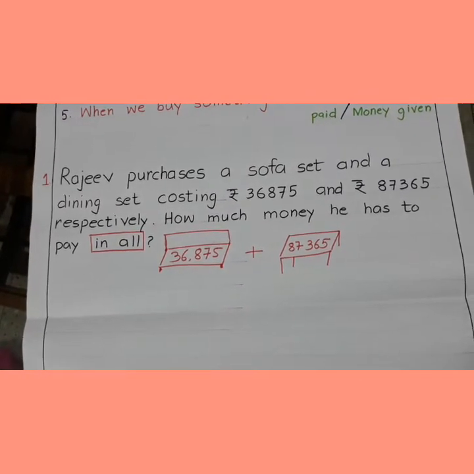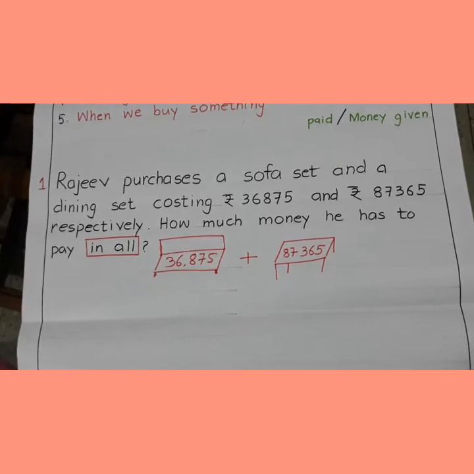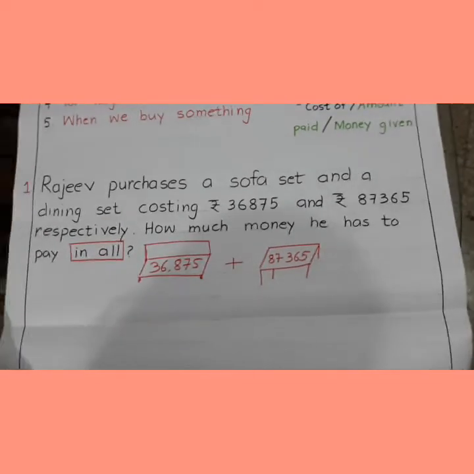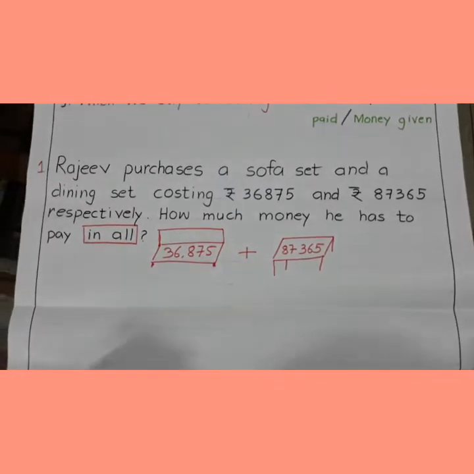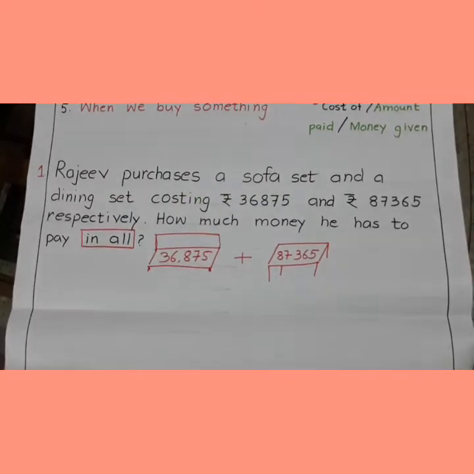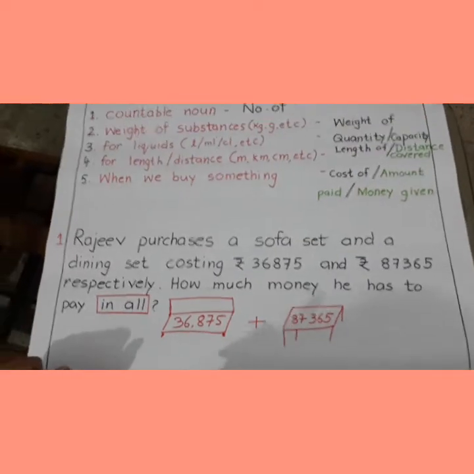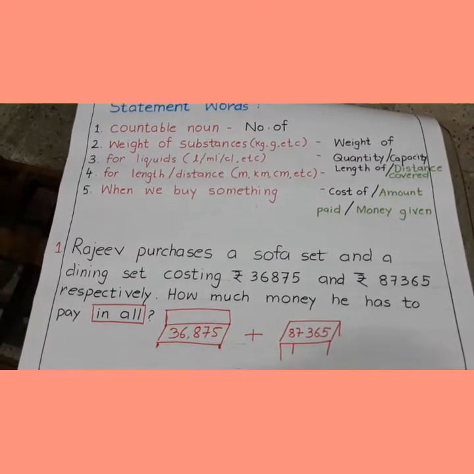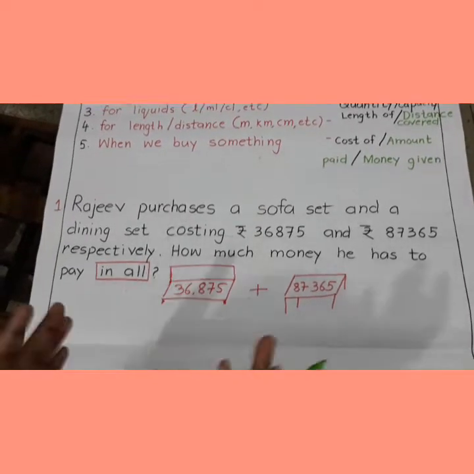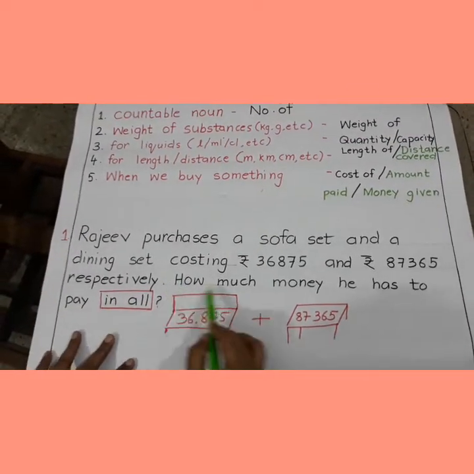Now next, what to do? Now go ahead with, try to find the clue statement word. He is buying something. So what is the statement word that you're supposed to start with if you remember? I had said cost of. And to make it more easy, look at the last part of the question.